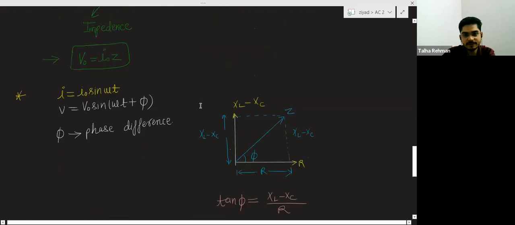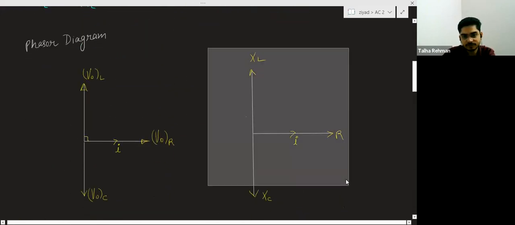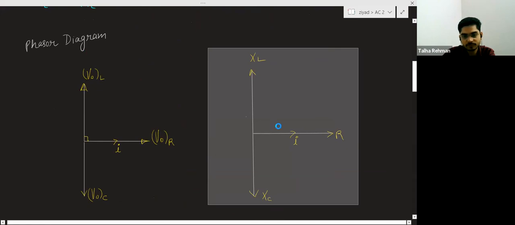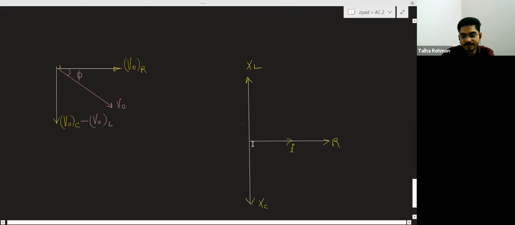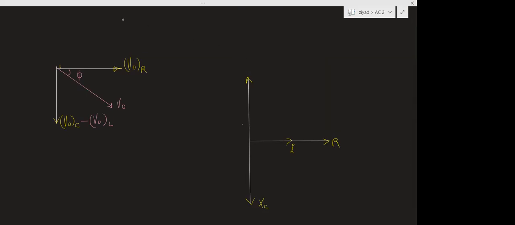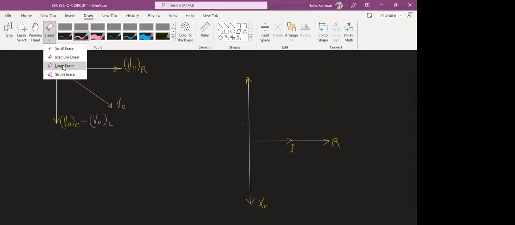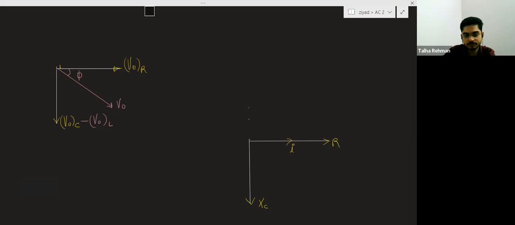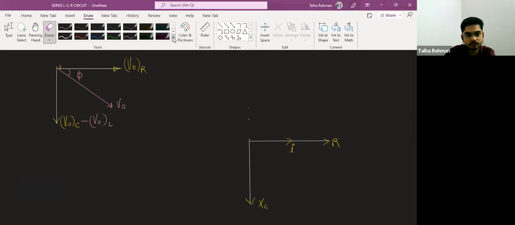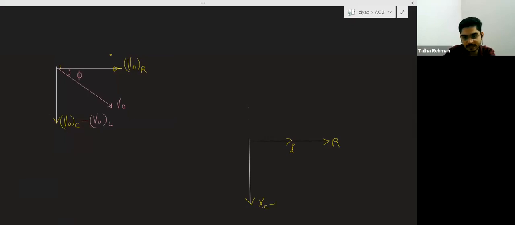Same is the case for this diagram. This diagram will be changed. So here this time XC is greater, so it will become XC minus XL.